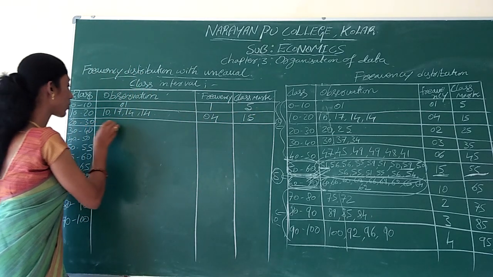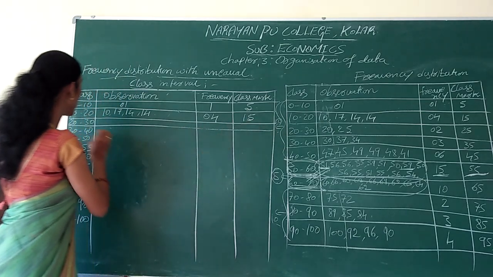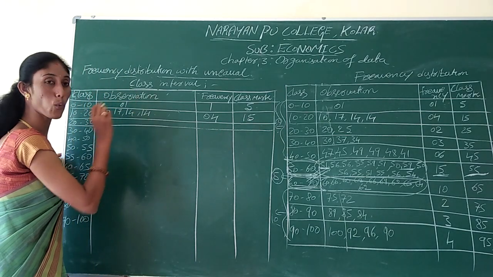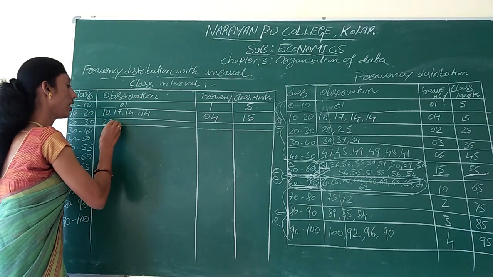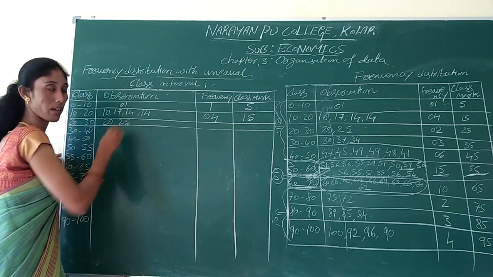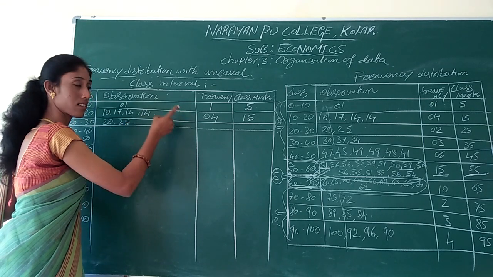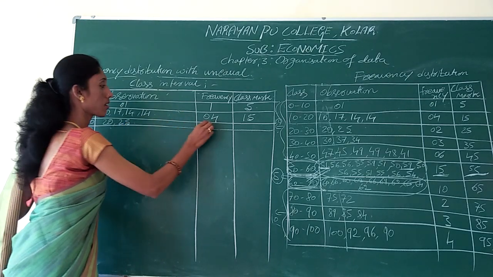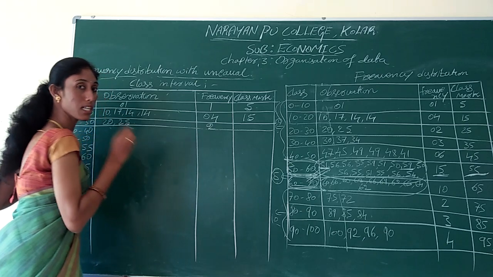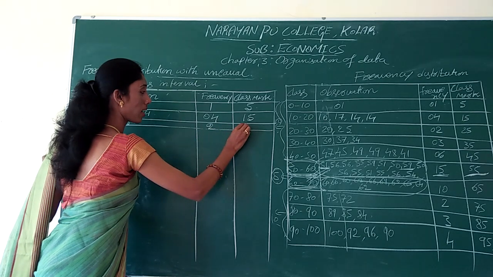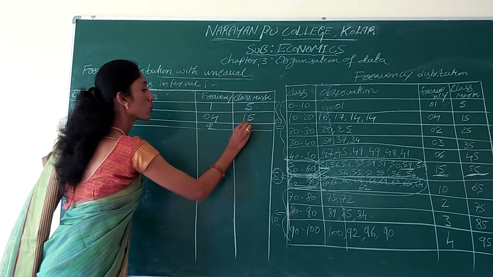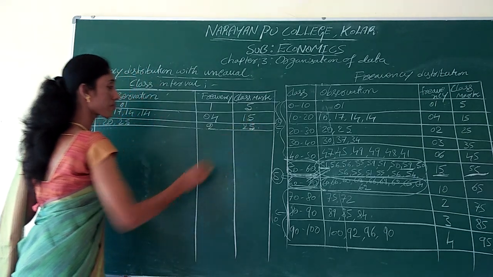Then come to 20 to 30. Here there are 2 values, one is 20 and another is 25. We write the observations that appeared in that class, and that is nothing but the frequency. Here the frequency is 2 and the class mark or midpoint is 25.